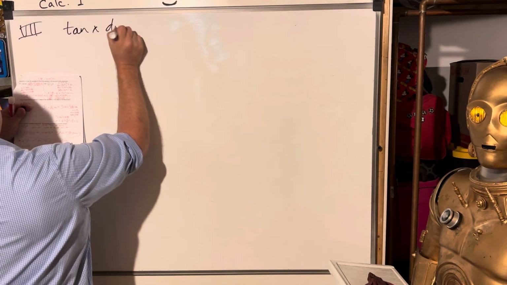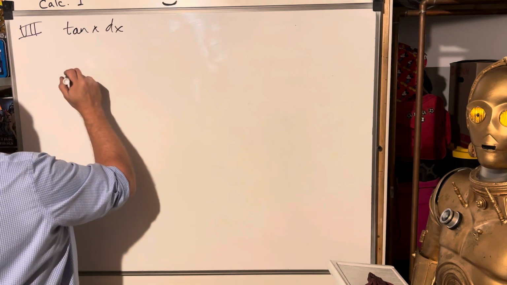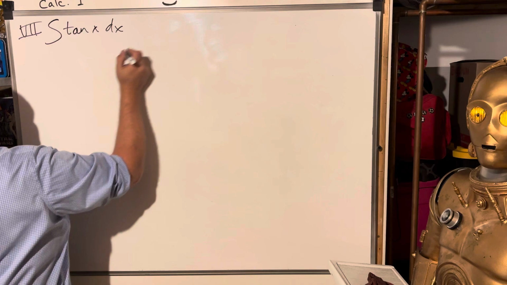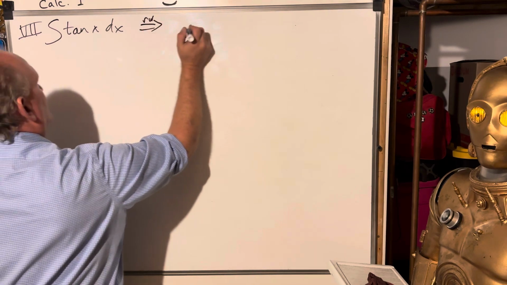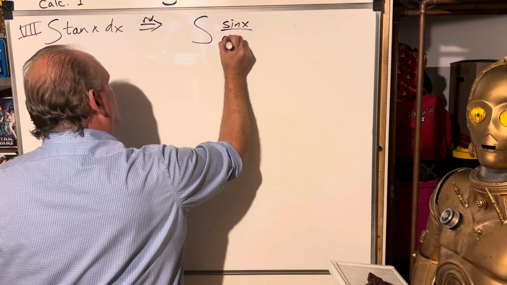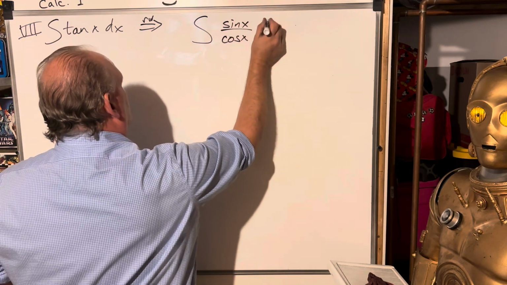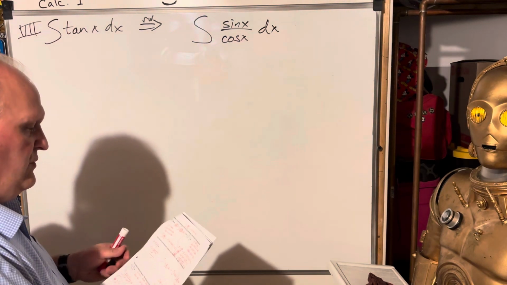Tan x dx. I think we're going to want to rewrite it as sine over cosine dx, and then we can work from there.